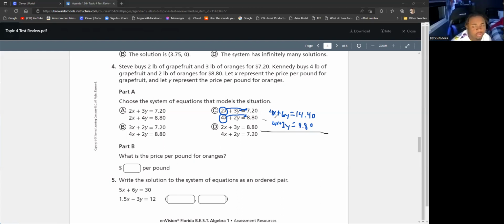Okay, subtract it. 4x eliminates. Minus. We're getting rid of which one? X or Y? X. That's why we're doing it. The whole idea is to solve for Y, right? Okay, subtract it. 4x minus 4x. Don't write the 0x. Just leave it blank. X is already eliminated. What's 6y minus 2y? Well, let me write it.